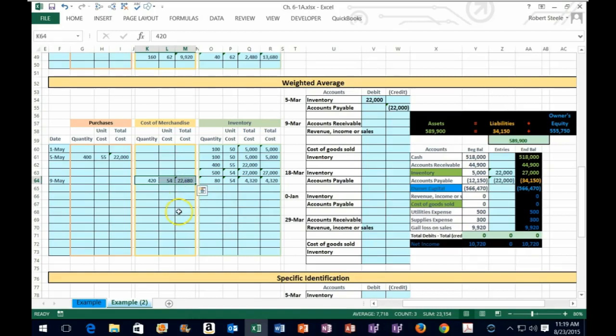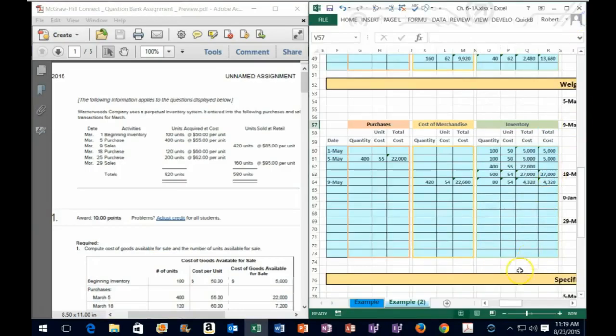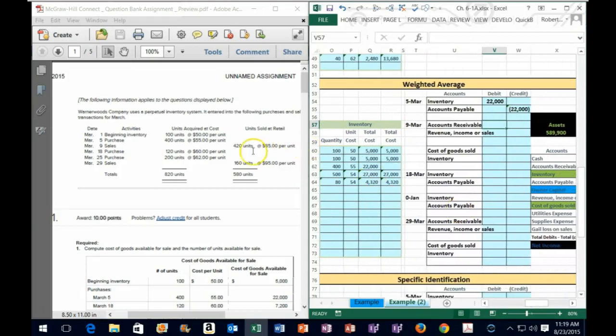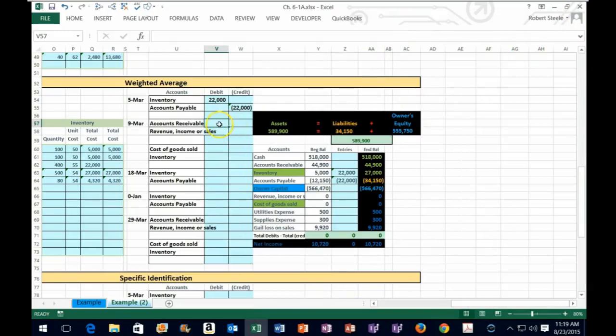If we make this large, then we're going to record this sale. Remember that there's two journal entries when we record the sale. This information relates to the cost of the sale, not the sales price. So I'm first going to record the sales price, which will be the same as it was in all the other transactions. And the sales price was $85 for 420 units. So we can say this equals 85 times 420 units.